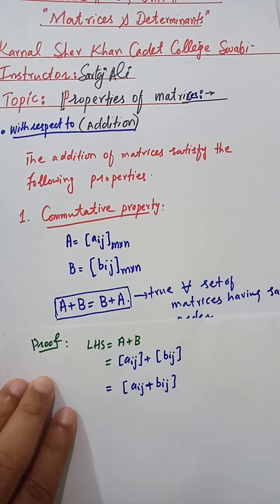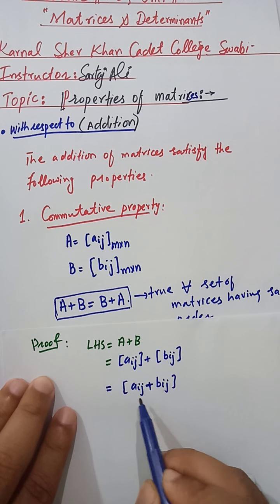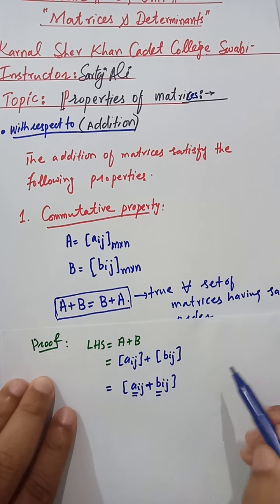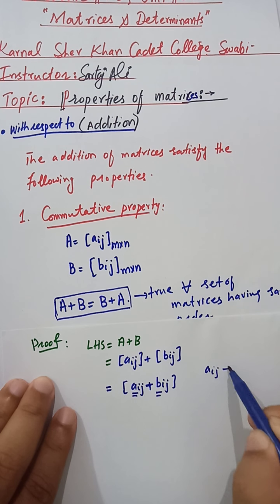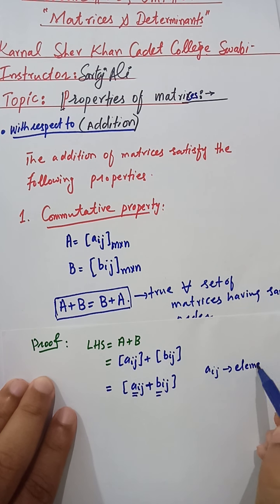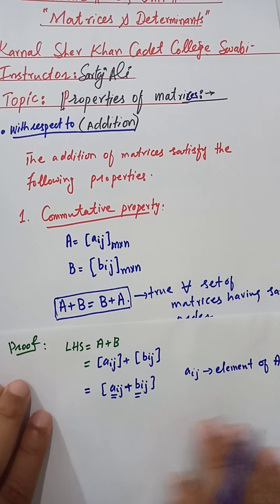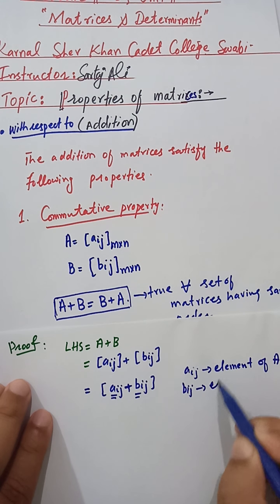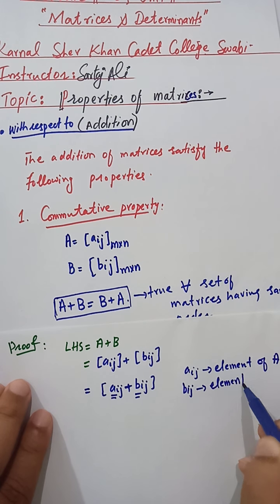So Aij will be added with Bij because these are corresponding elements. Remember, Aij is the element of matrix A, and Bij is the element of matrix B.